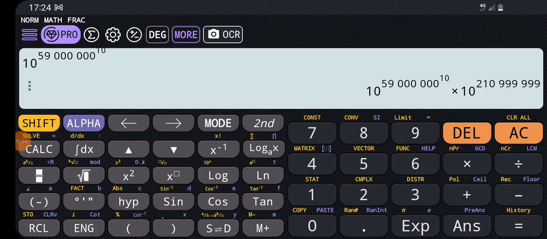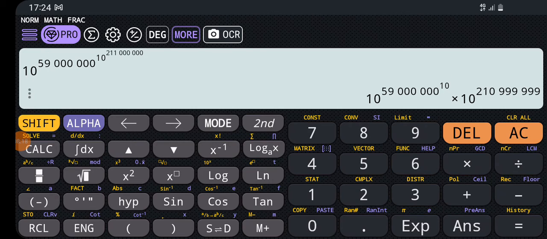This much is what I think it is. That's so big right now. You won't believe how big the answer is. So this is how big it basically gets.